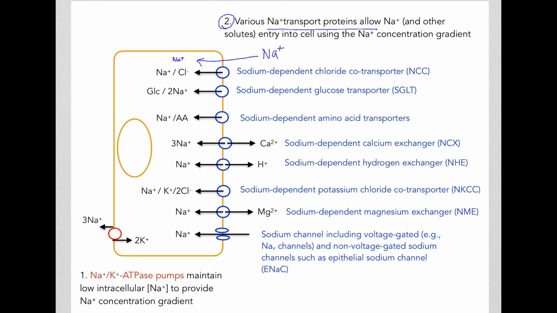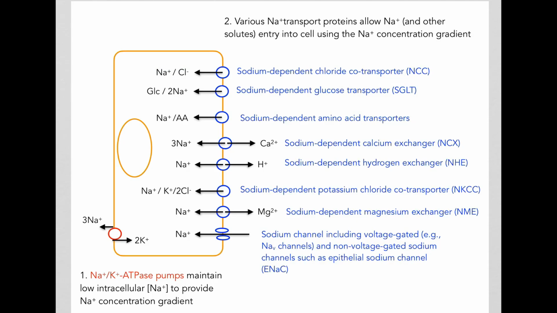And this entry of sodium into the cell may be coupled to other transport processes. So for example, the sodium-dependent chloride co-transporter will bring in not only sodium into the cell, but also chloride into the cell. So this NCC transport protein will help bring into the cell sodium as well as chloride using the sodium concentration gradient.